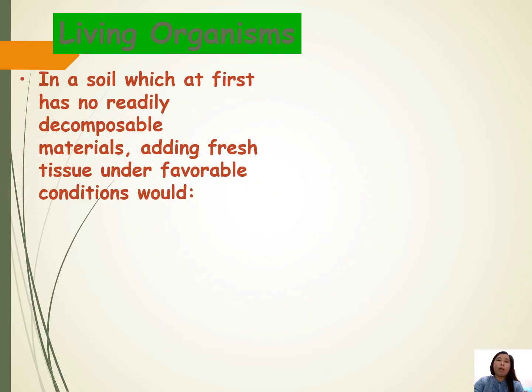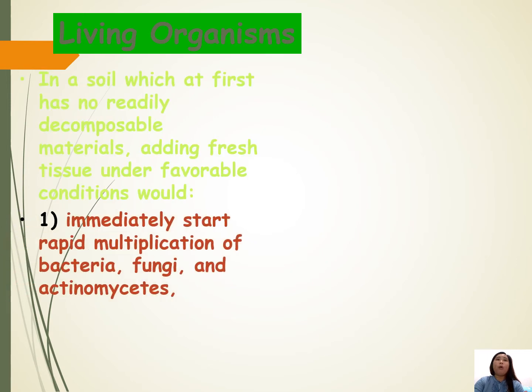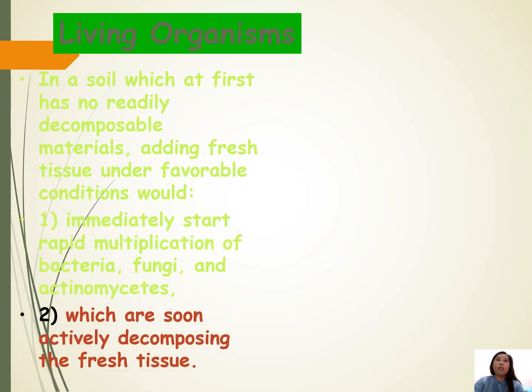Another component of organic matter are the living organisms. In a soil which at first has no readily decomposable materials, adding fresh tissue under favorable conditions would immediately start rapid multiplication of bacteria, fungi, and actinomycetes, which are soon actively decomposing the fresh tissue.